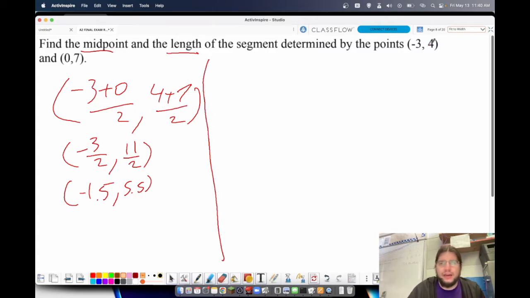Now over here we have to find the distance, the length. If you remember your Pythagorean theorem, kind of imagine where these go. If we start at 0, 0, this negative 3, 4 dot would be left and up.